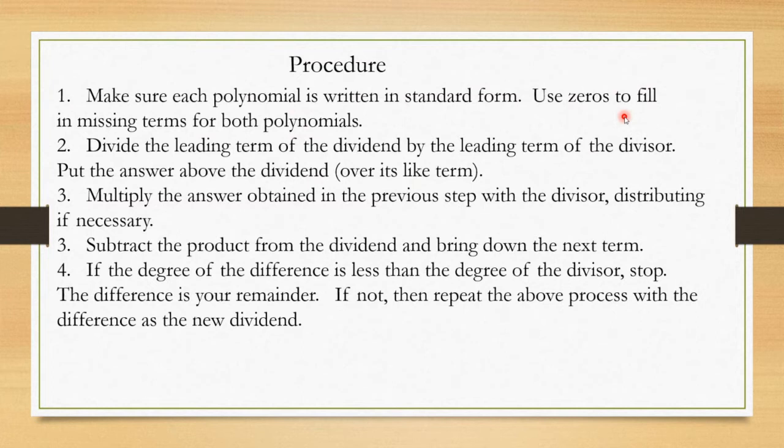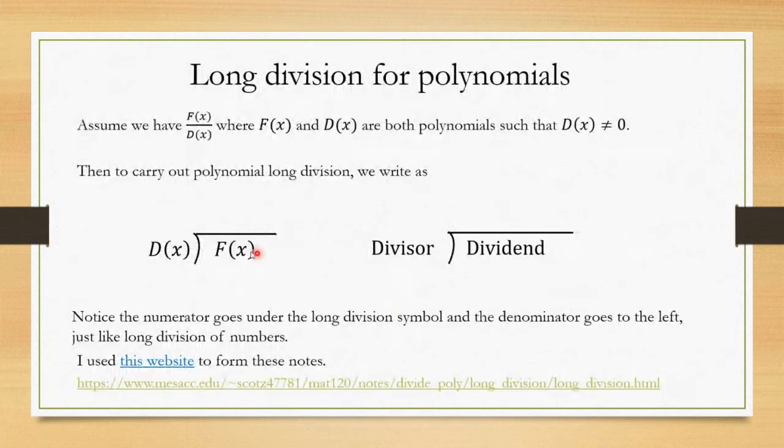Then what you do next is you divide the leading term of the dividend by the leading term of the divisor. So the leading term of what's in here, you're going to divide it by the leading term of this.